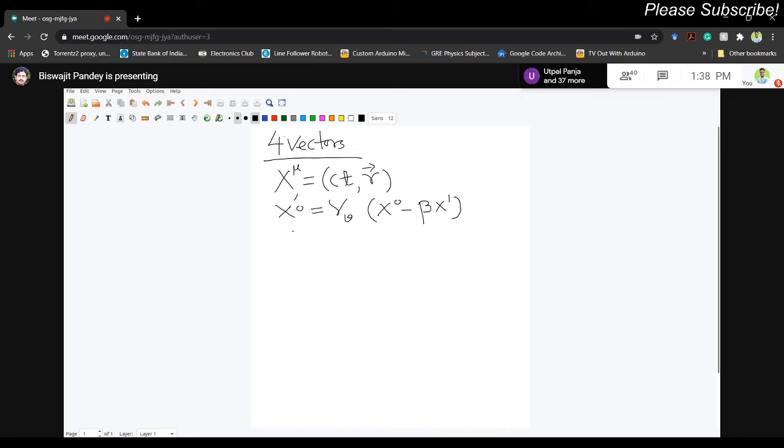I am talking about a particular transformation where the prime frame is moving along the x-axis with velocity v, which we have already discussed. Then the first spatial component x1 prime will be gamma v times x1 minus beta x0. There is a nice symmetry, so you don't need to remember it separately: if you know one, you can write the other. Since there is no motion along the y or z axis, these two remain unchanged: x2 prime equals x2 and x3 prime equals x3.